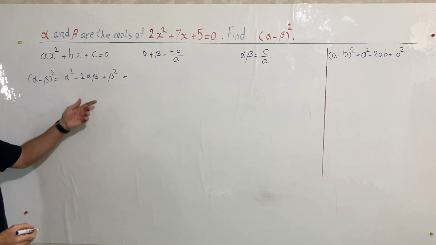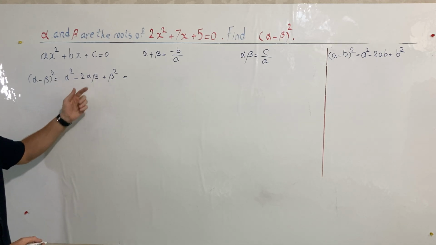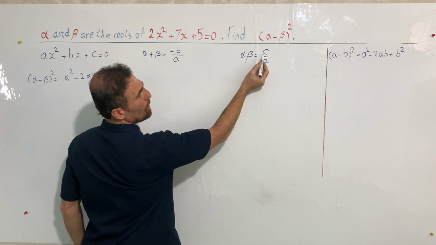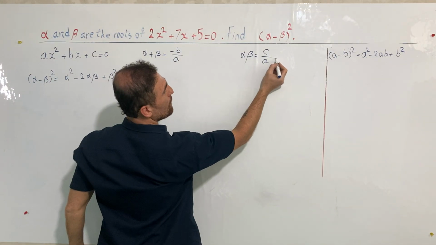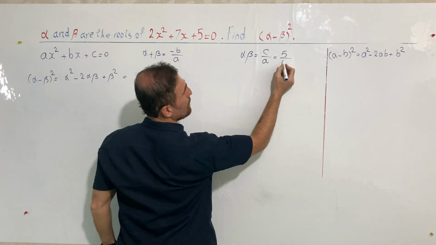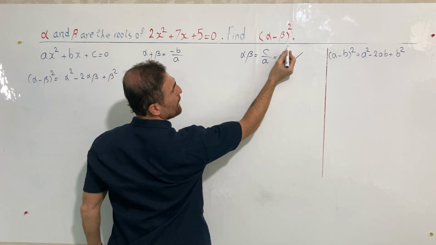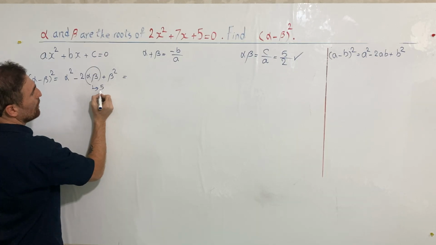Next, as you know, we have the value of the product of the roots, which means alpha times beta. Alpha times beta equals c over a. In this case, c is 5 and the leading coefficient is 2. So I can put this number here, 5 over 2.